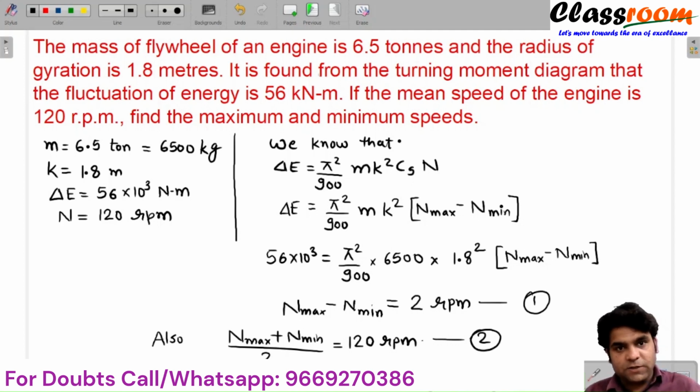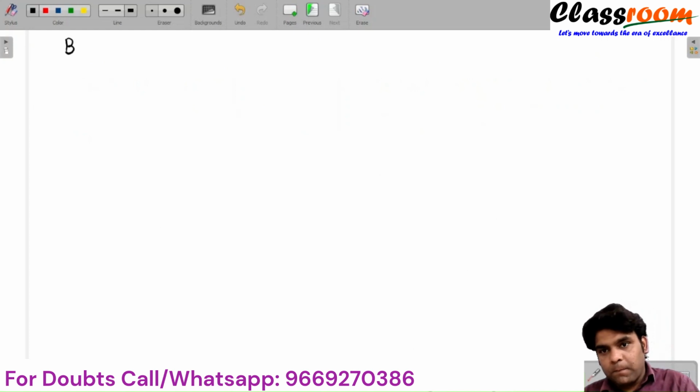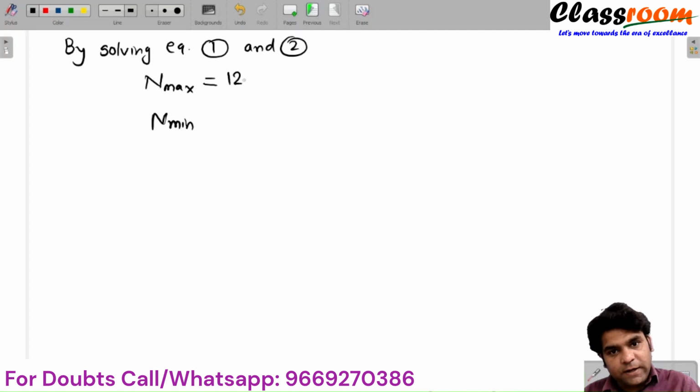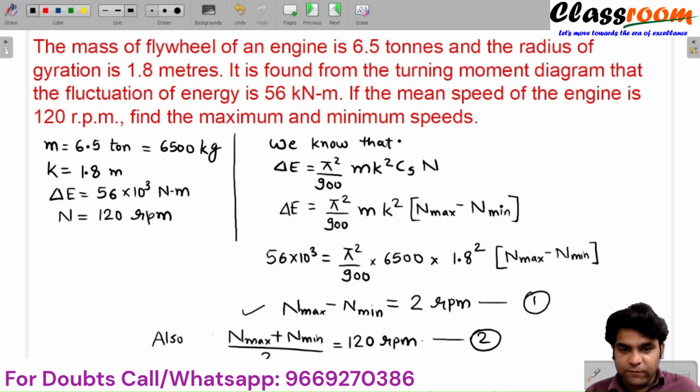By solving these two relations, you get the values of Nmax and Nmin. The value of Nmax is 121 rpm and Nmin is 119. It's very simple to solve these two linear equations. Nmax plus Nmin divided by 2 is 120, so Nmax plus Nmin is equal to 240.